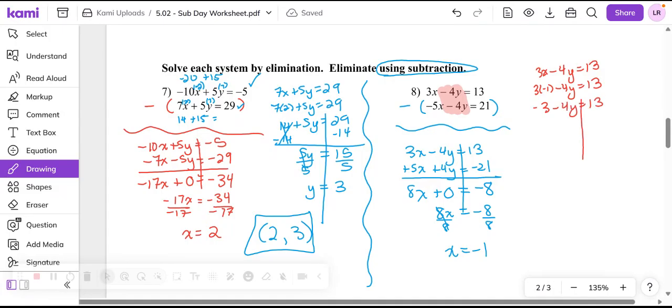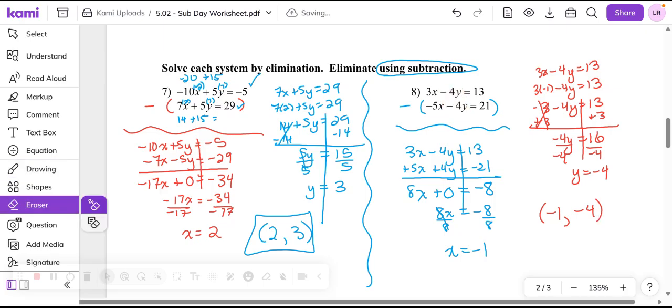And then I'm going to solve that equation. So I'm going to add 3 to both sides. It's going to leave me with negative 4y equals 16. Divide both sides by negative 4. And y is negative 4. So I believe the answer is x, negative 1, and y, negative 4.